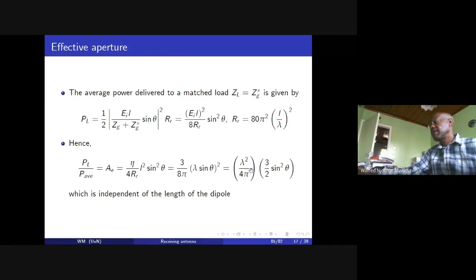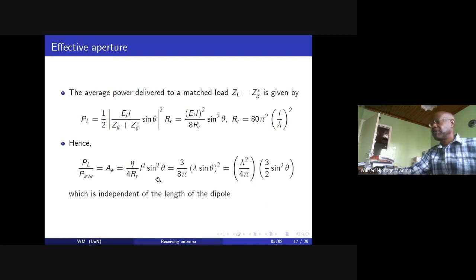And this gives us a value of lambda squared by 4 pi multiplied by 3 by 2 sine squared theta. Recall that this value here we already saw before when we were looking at the dipole. And we see it's no longer dependent on the length of the dipole itself.